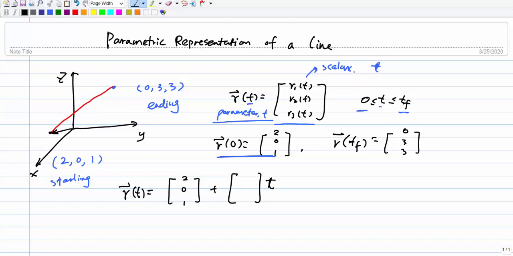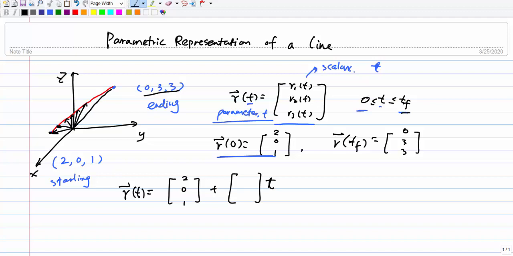As t grows from 0 to tf, we'll get a number of vectors, and my hope is that every point on this line can be represented by a vector when t is within the range. As t reaches tf, my vector is just (0, 3, 3), which is the ending point.